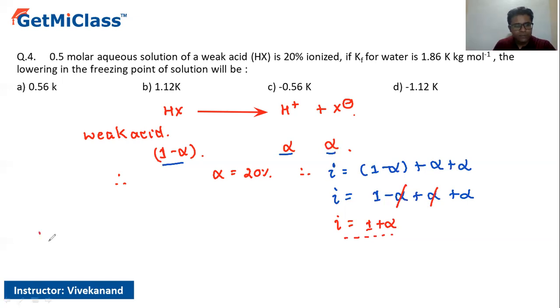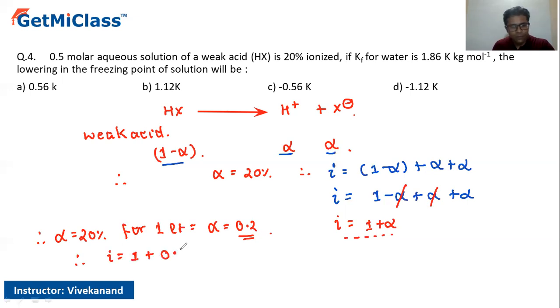So therefore, if we consider alpha as 20%, the value of alpha would be 0.2. Therefore, we have i equal to 1 plus 0.2, so it will become 1.2.